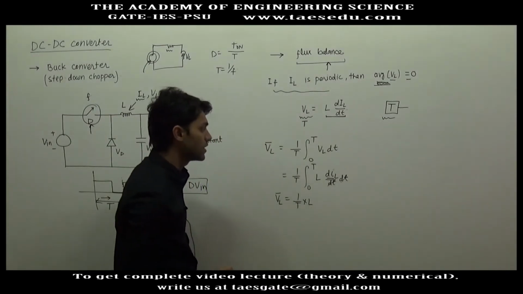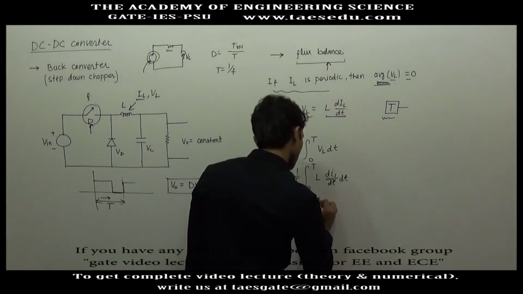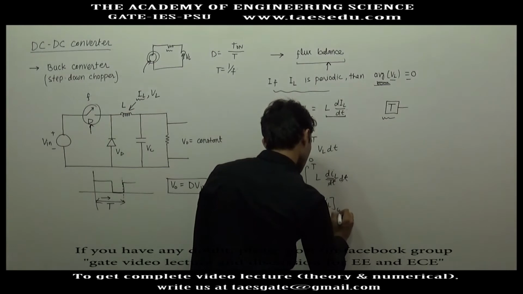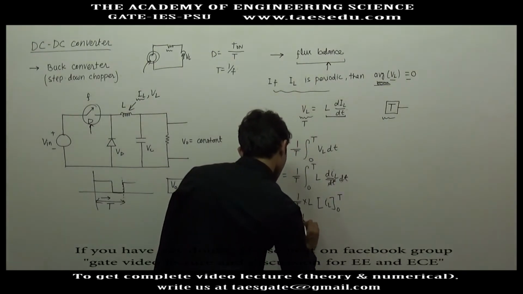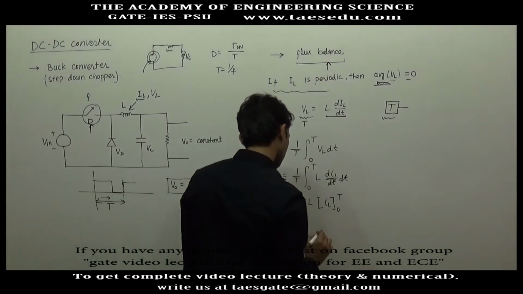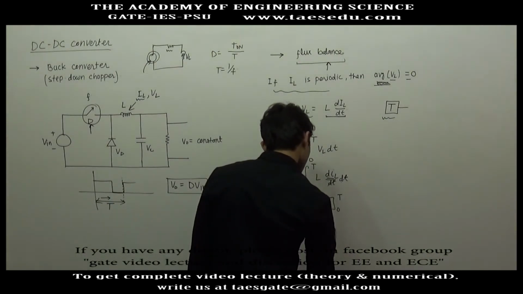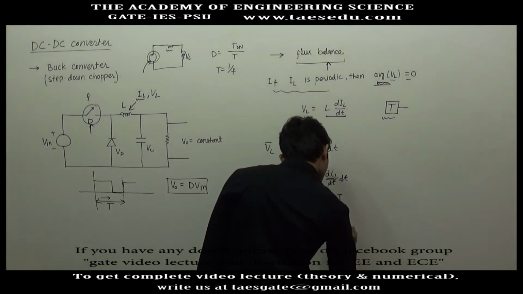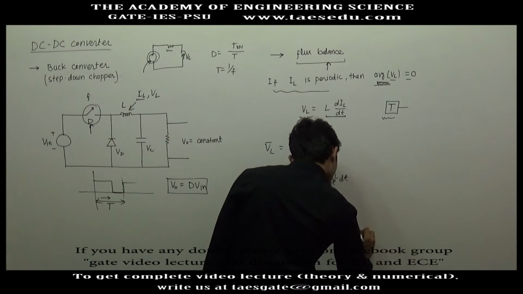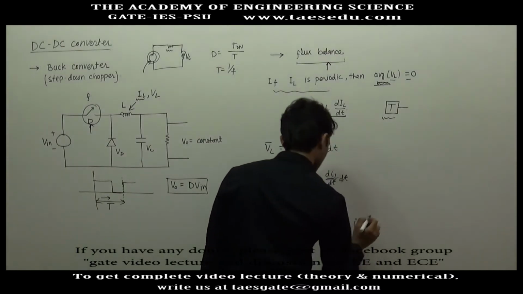You will get IL, and when you put the limit 0 to T, the average value of inductor voltage will be 1 upon T into L, value of inductor current at T minus value of inductor current at 0.